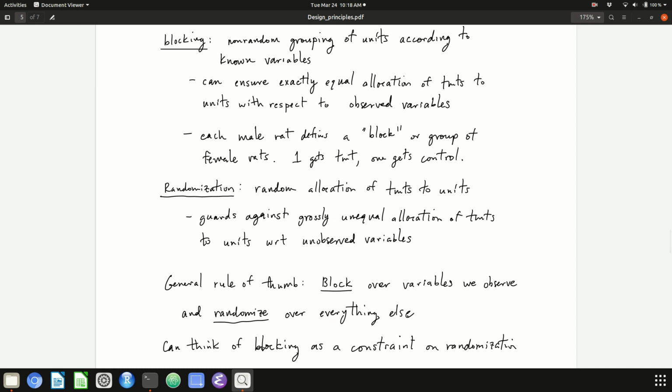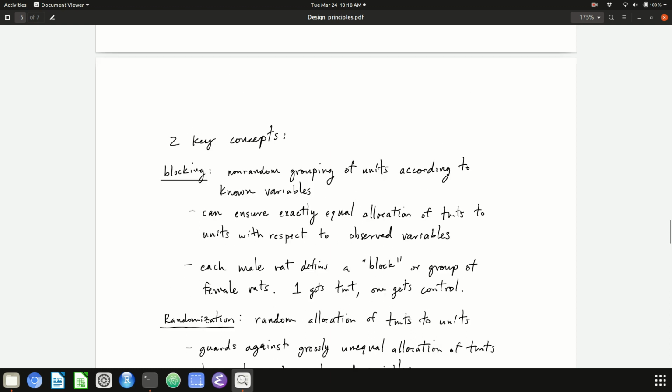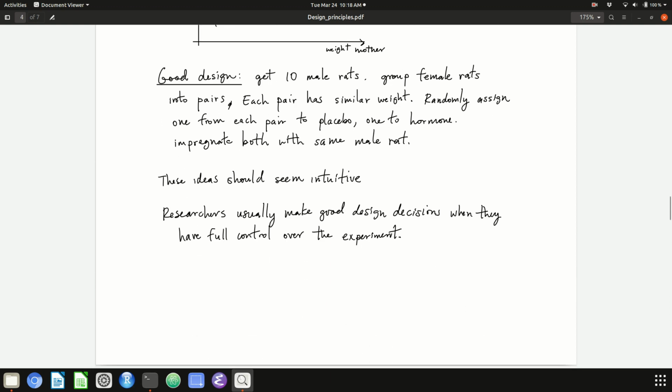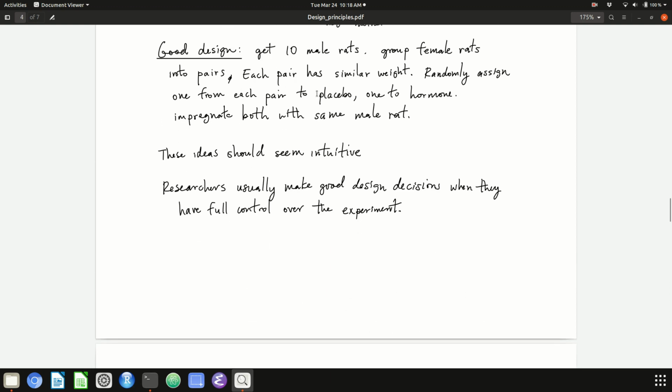variables. So thinking back to our blocks of 2 female rats, within each block, we don't know which of those 2 female rats would produce heavier offspring outside of the treatment that we're applying.